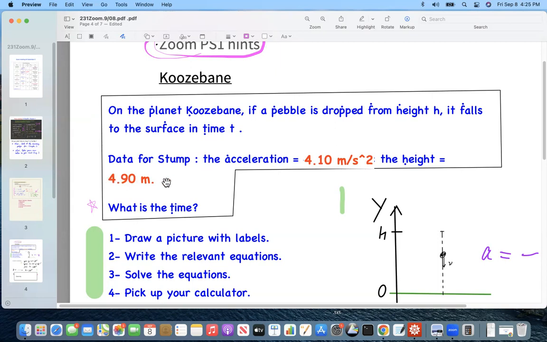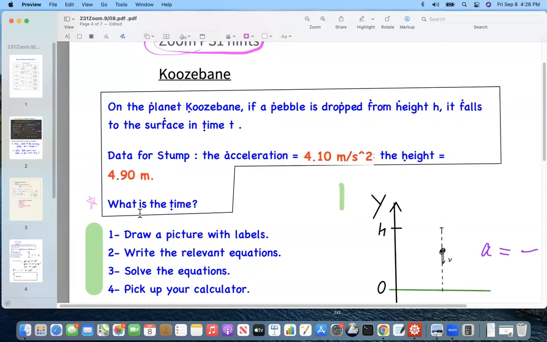So he's standing at the top of his rocket ship. And he drops an object from that point. It falls straight down and hits the ground. What's the time?